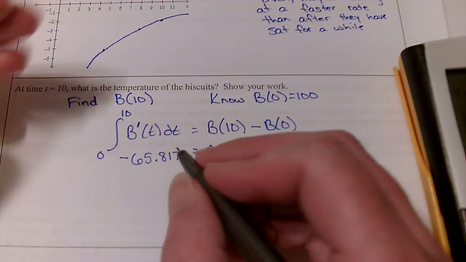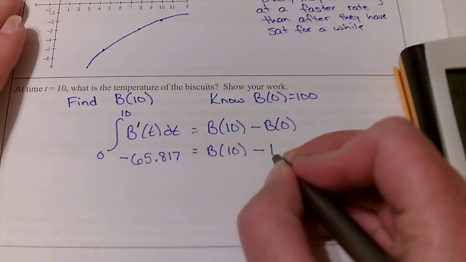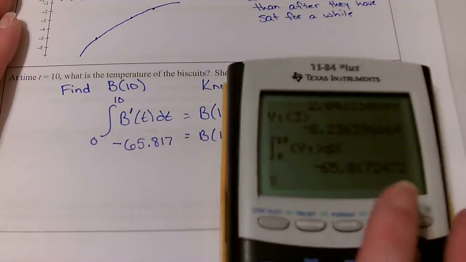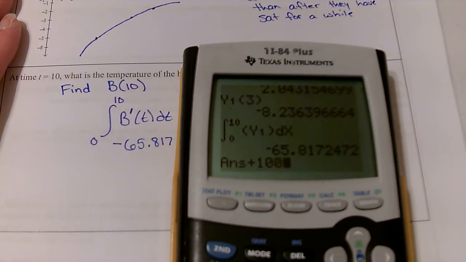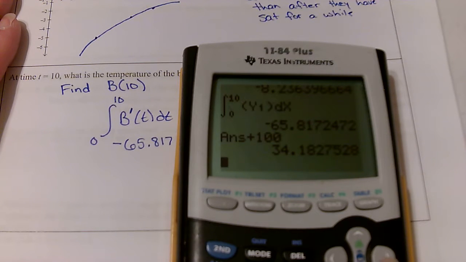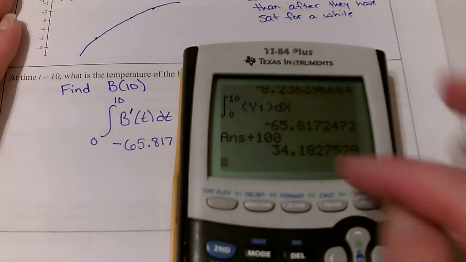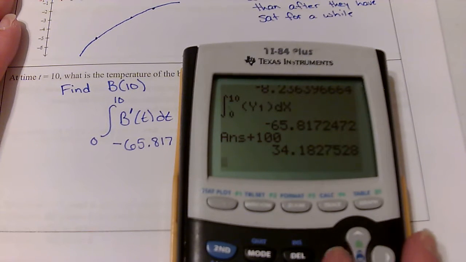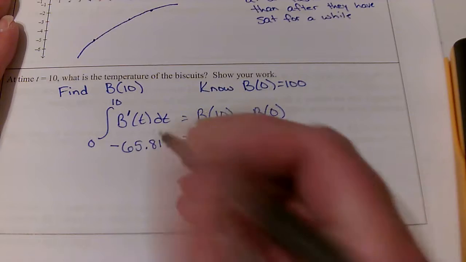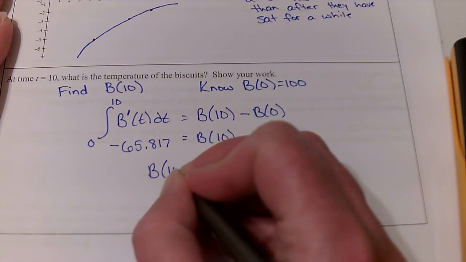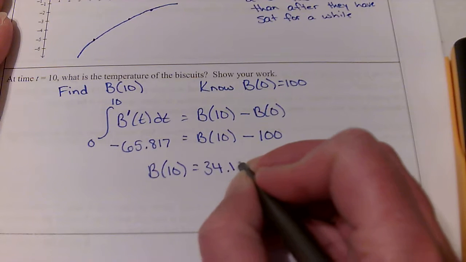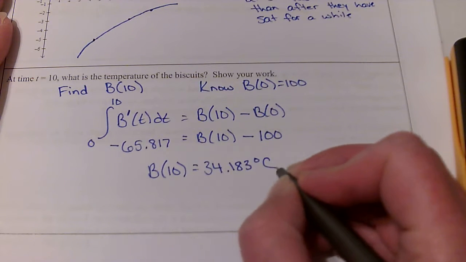It's gone down by 65 degrees from the initial value of 100. So if I add 100 to this, I would get that the biscuits, so 100 minus 65.817, is 34.183. So the temperature at 10 minutes is 34.183 degrees Celsius.